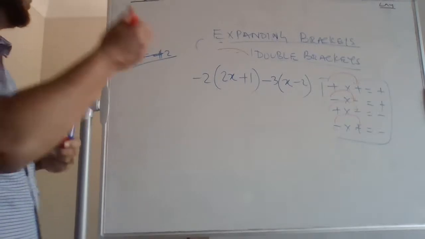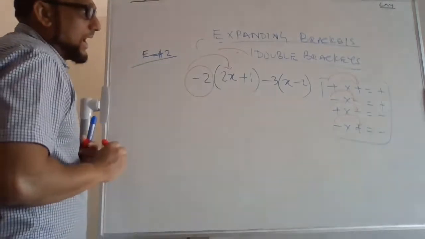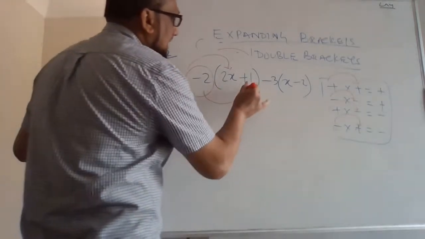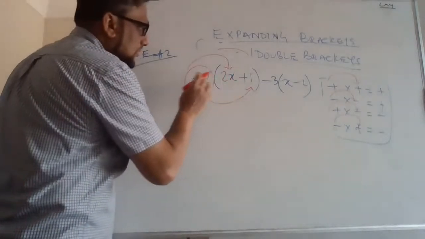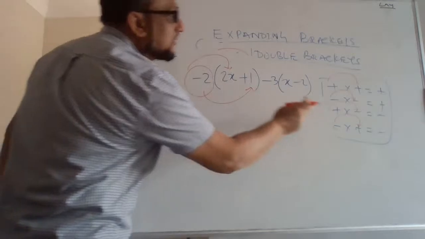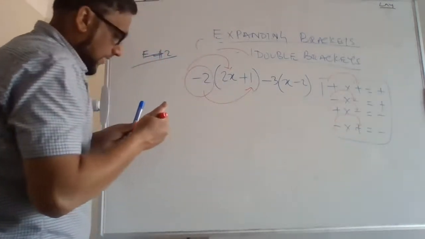Just expand the brackets. First we need to multiply by this one, and after that we multiply by the 2 and the 1. Minus times plus, the sign is going to be minus.